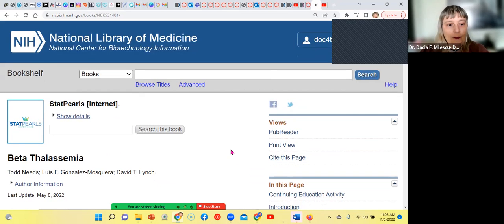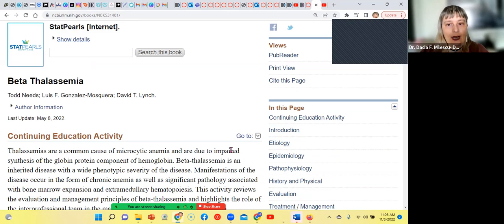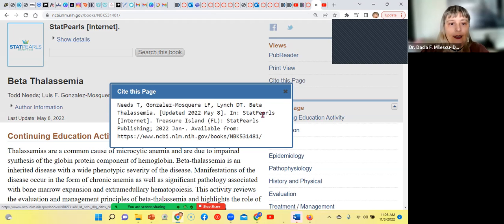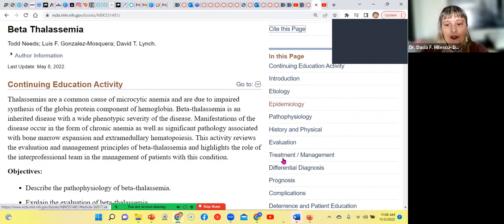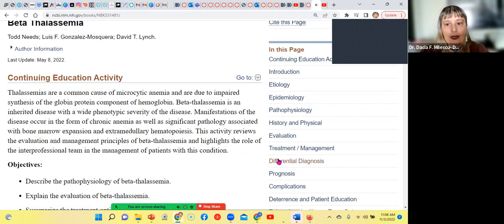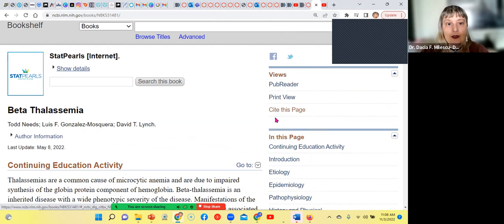And what's wonderful about a lot of this is that if you don't know APA format, look, it is all here for you. You can immediately cite the page in APA format. So I didn't show you that, but there it is. You could do the cheat sheet way.